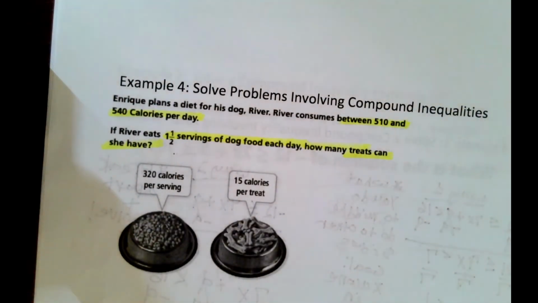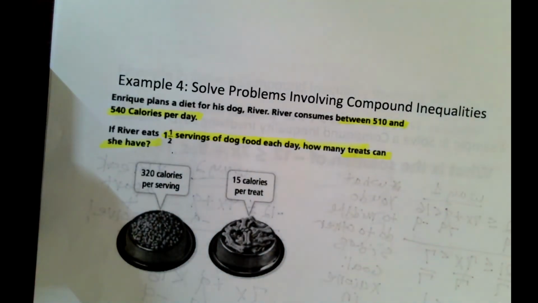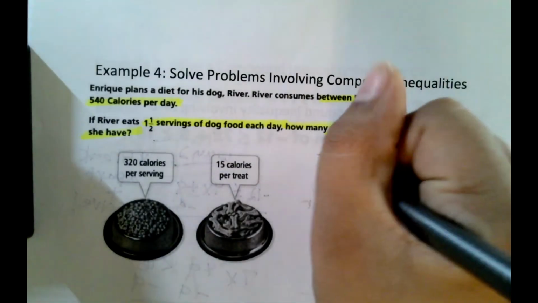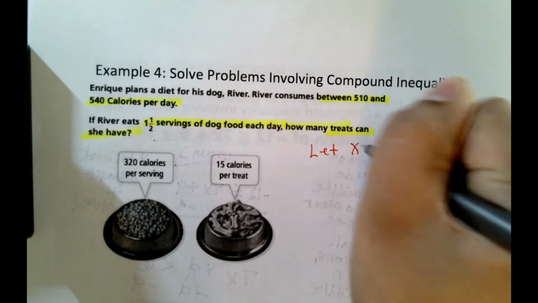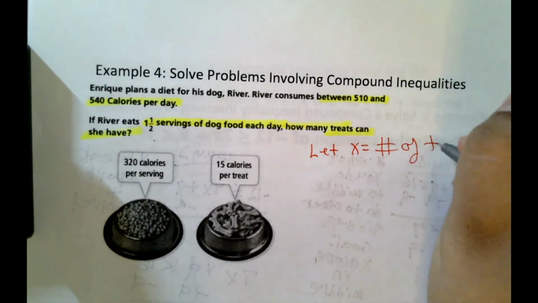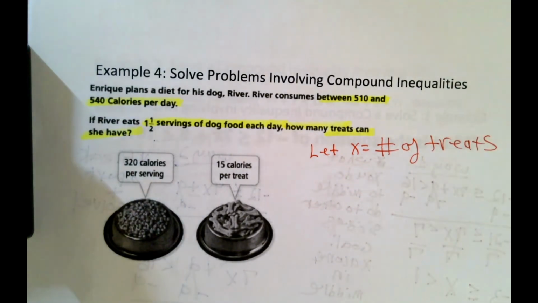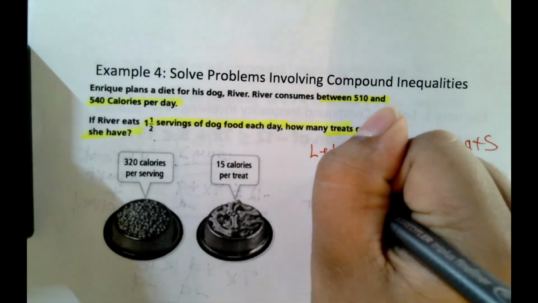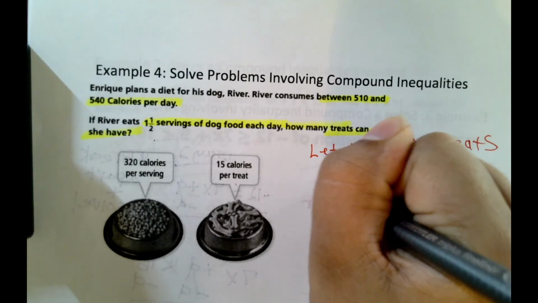So, remember, in order to solve word problems, we have to figure out what our x is first and then go from there. Well, you need to let your x be whatever you're looking for. So let's let x be the number of treats River can have. So x is our number of treats. Well, then now let's put together what we know. She has 1 1/2 servings of dog food, plus she has x treats, because we don't know how many treats she has, right?